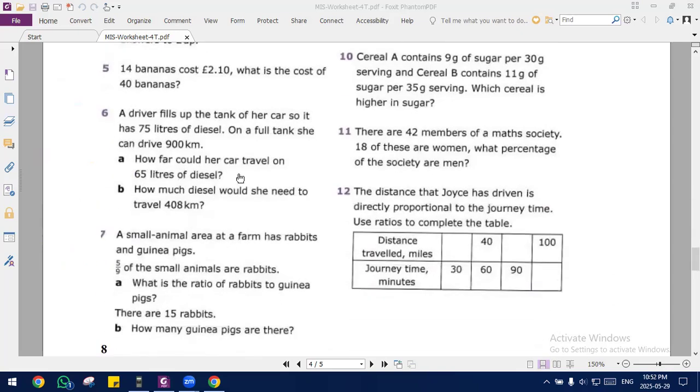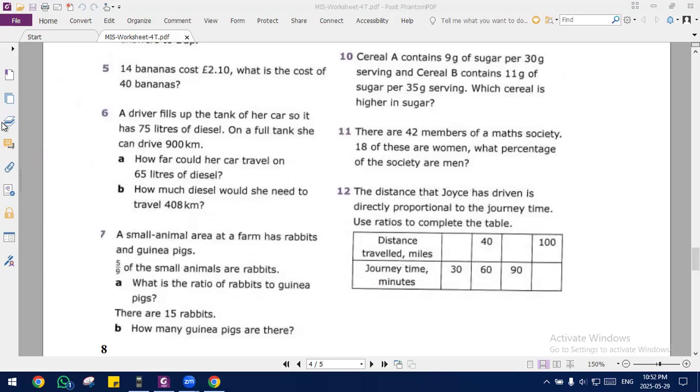Question 6. A driver fills up the tank of her car so it has 75 liters of diesel on a full tank. She can drive 900 kilometers. So 75 liters, we can get 900 kilometers. They said, how far could her car travel on 65 liters?